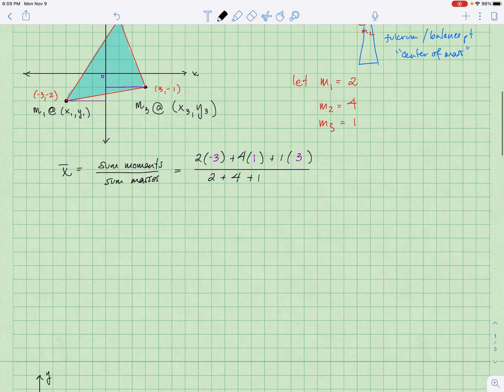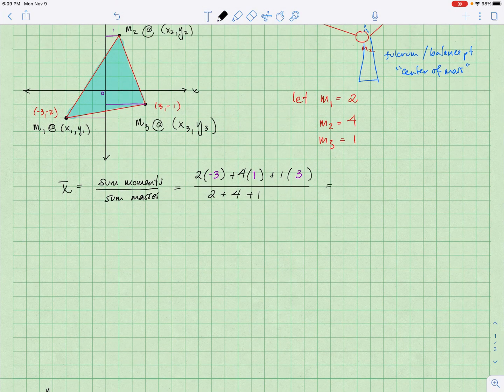And, oops, don't peek at that. What we get here is -6 plus 4 plus 3 all over 7, which is 1/7. Is that right? No. -2 plus 3, yeah, 1/7. So that's our x bar.